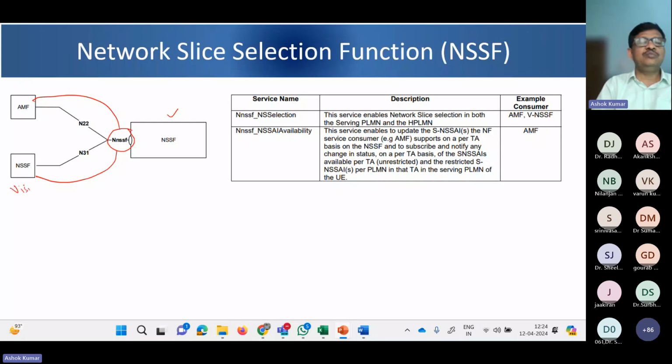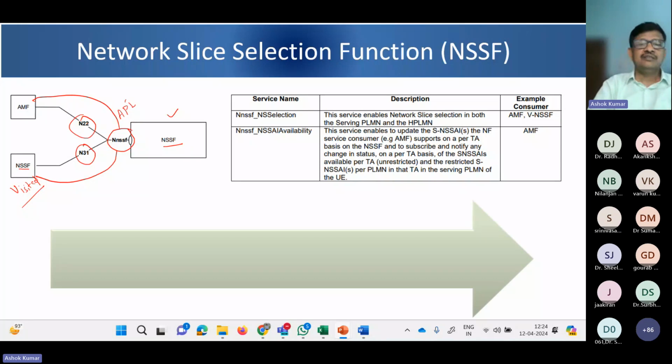When you are roaming, you are being supported by the visited network NSSF, which has to communicate with the home network. And your AMF takes help of the network slice selection function. So either you can connect on the service-based interface API, or you can connect on a reference point architecture. Both options are provided in the standard. Generally, they will use the API part.